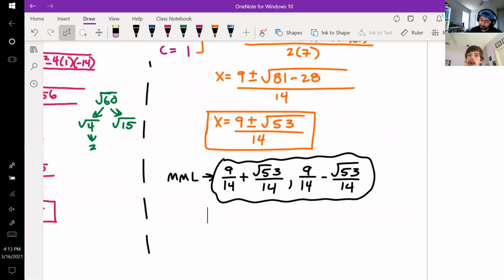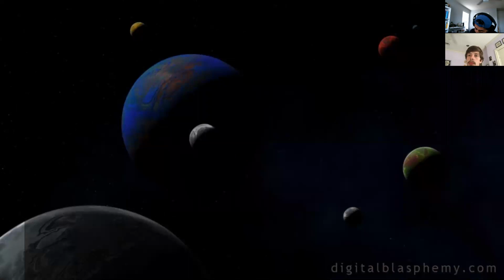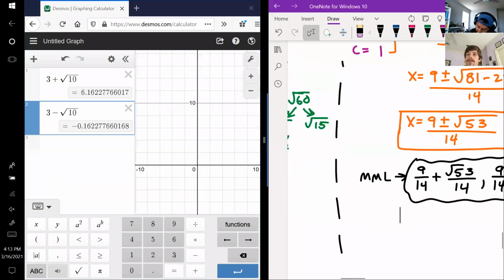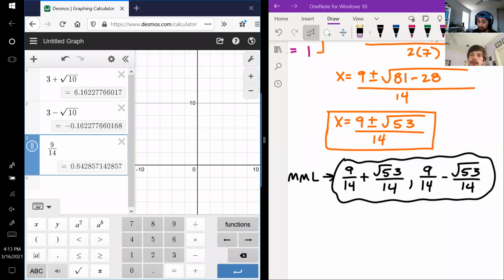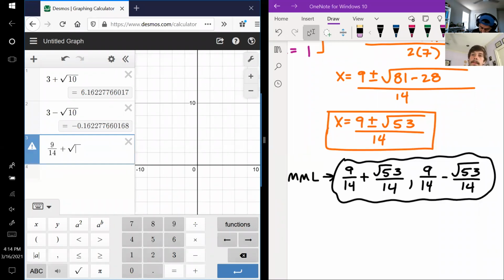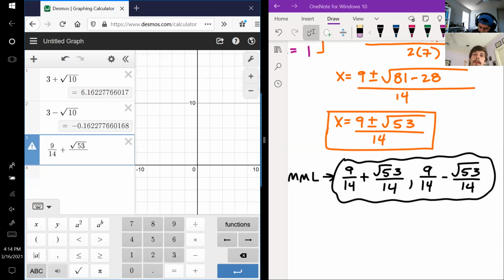And then if you want a decimal number, let's go back to Desmos. Let's type those in. I would have 9/14 plus the square root of 53/14.